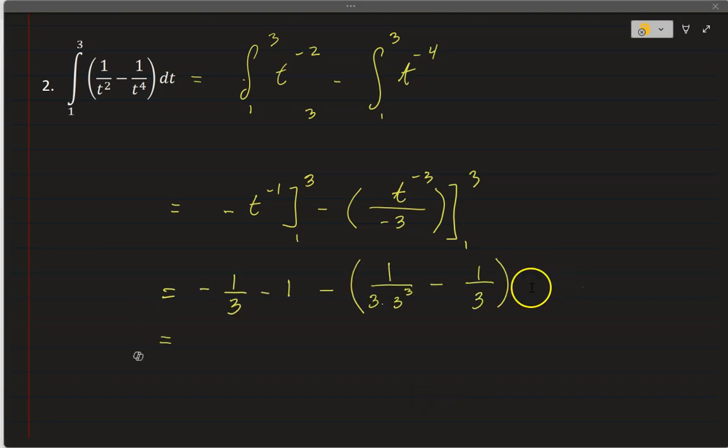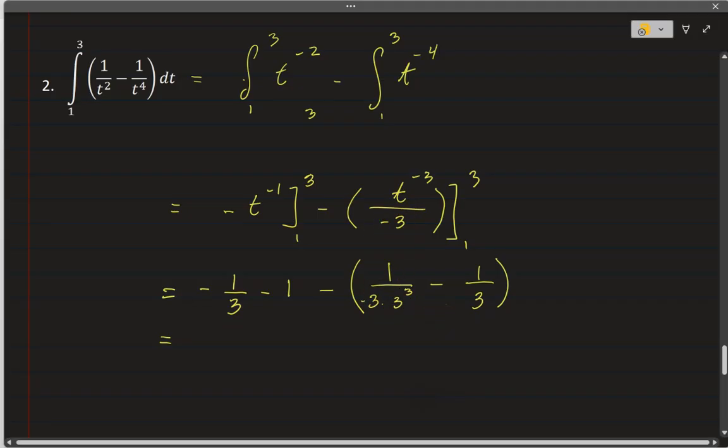You do the math, you get the first part negative 1/3 negative 1, minus, and then inside the second term t to the negative 3, you start with the upper bound 3, you plug it in, and there's a negative 3 in the bottom, so I do have to include that negative 3 here somewhere. Here we go, that's the negative 3, and then the other part is 1/3, because 1 to the negative 3 is still 1, and there's negative 1/3 down here.